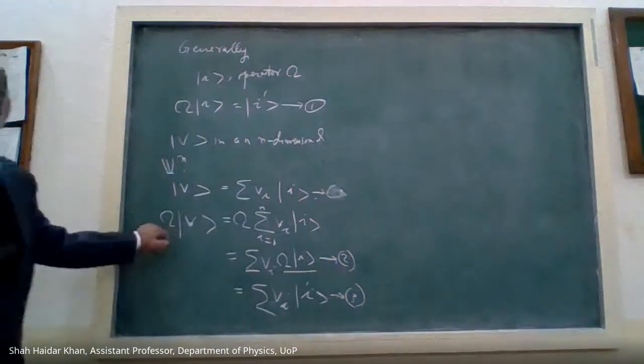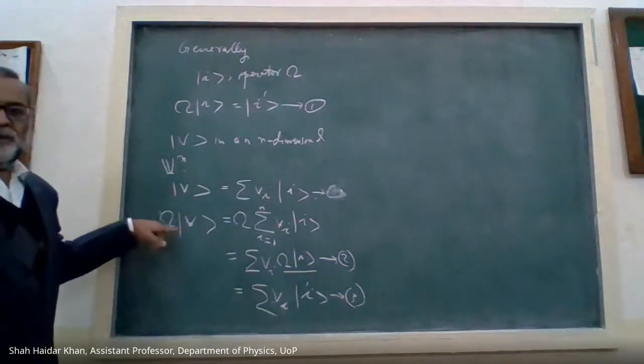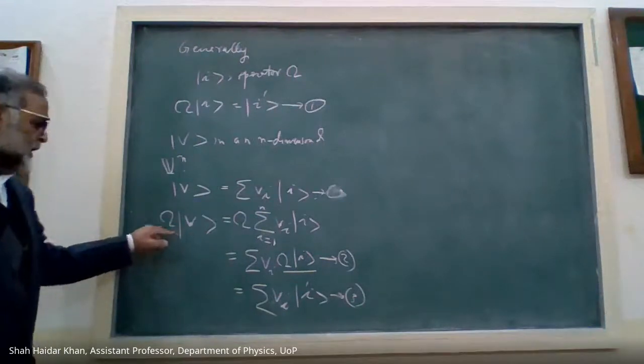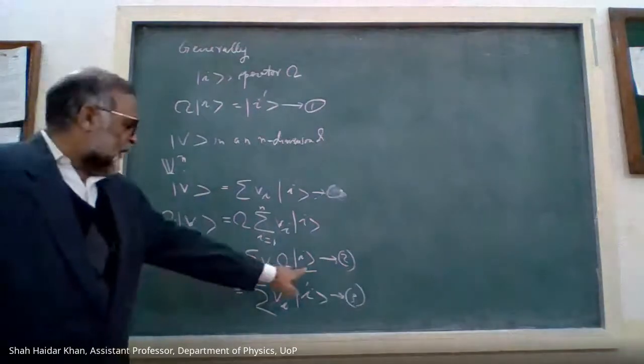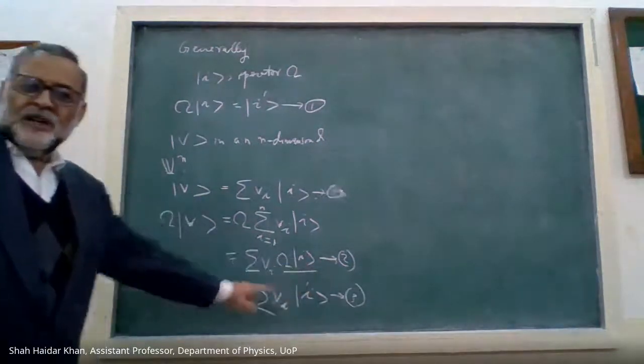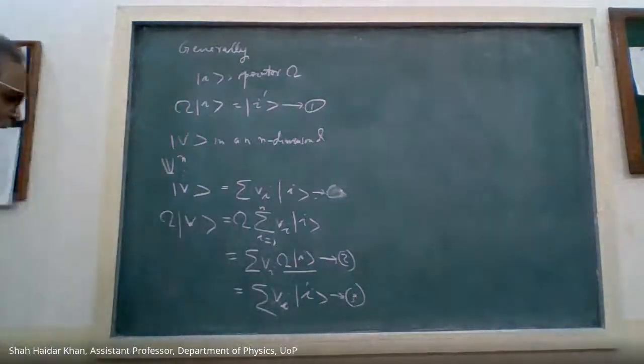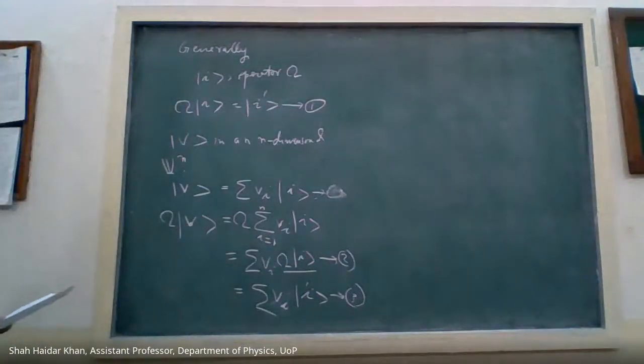So if omega operates on a vector, it actually operates on the basis vector, and that operator changes the basis vector, brings it into the new basis.